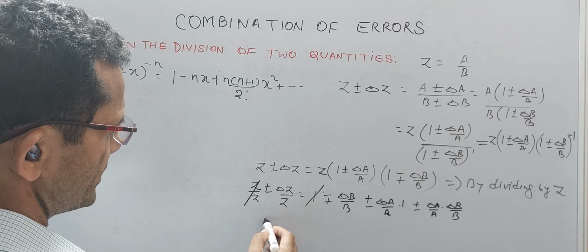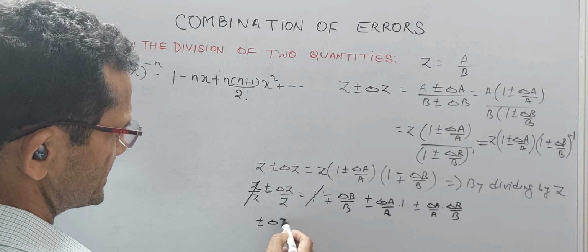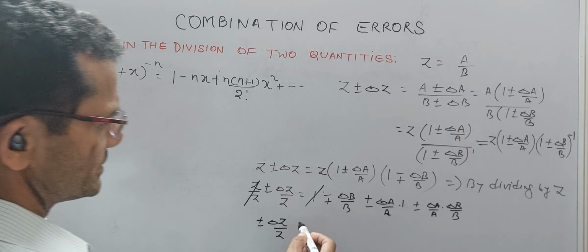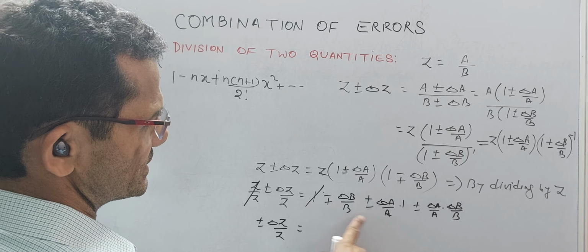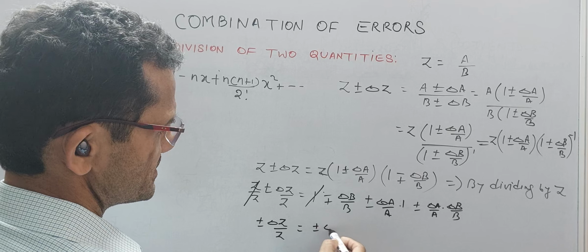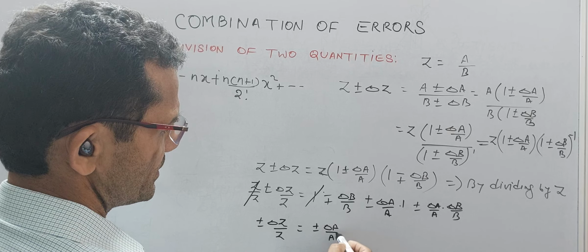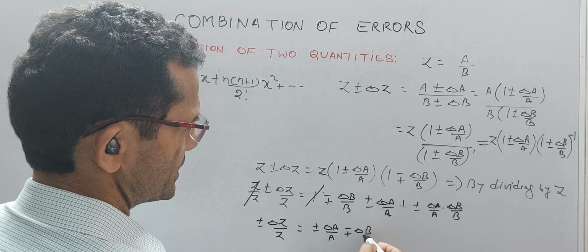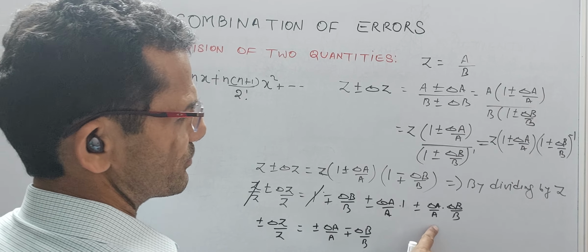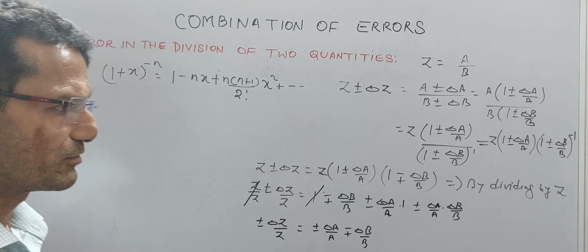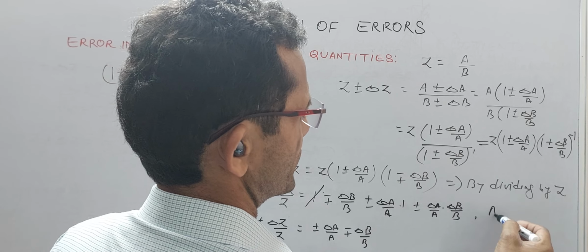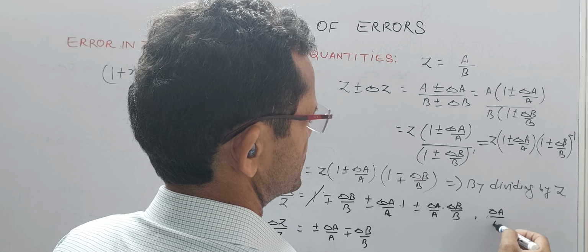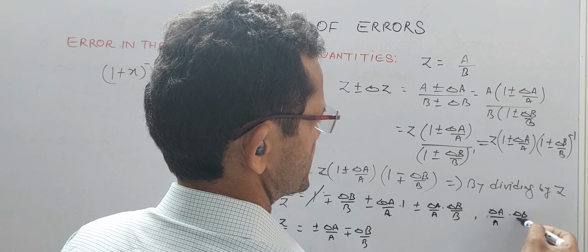Now finally we have plus minus delta Z upon Z, and first write this and this: plus minus delta A upon A and minus plus delta B upon B. Since delta A and delta B are very small quantities, the product of these two quantities should be negligible, tends to 0.